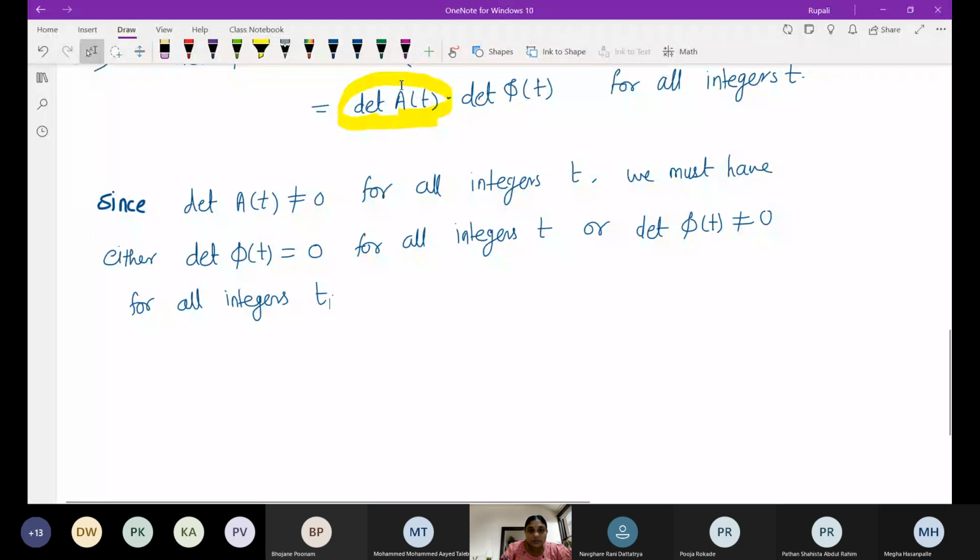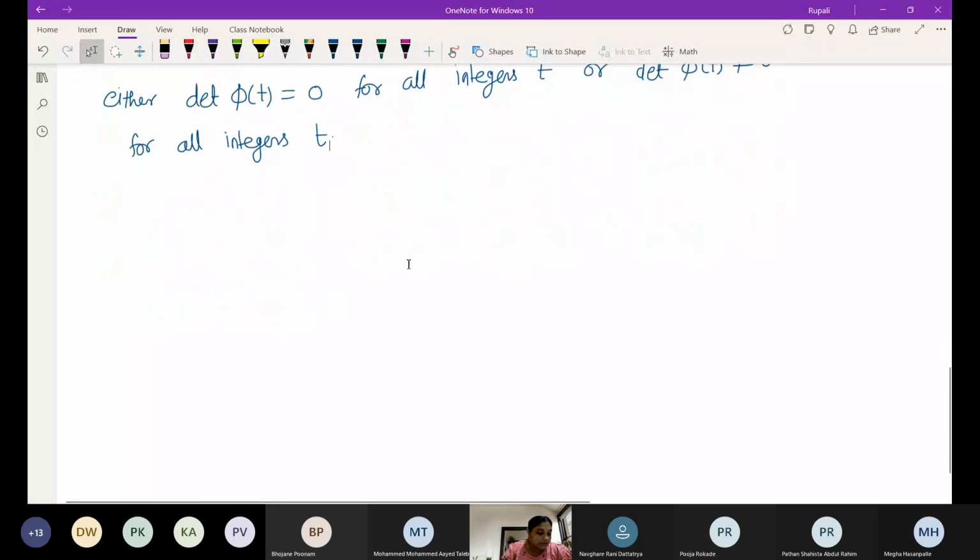If this was 0, then 0 only we can say; we cannot say non-zero. But here it is given to be non-zero, so we will have both cases, either non-zero or 0 for all integers t. So which proves the theorem.